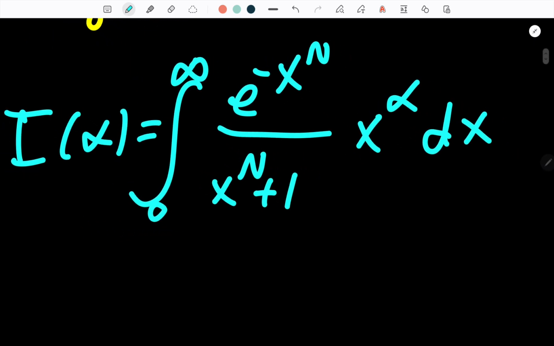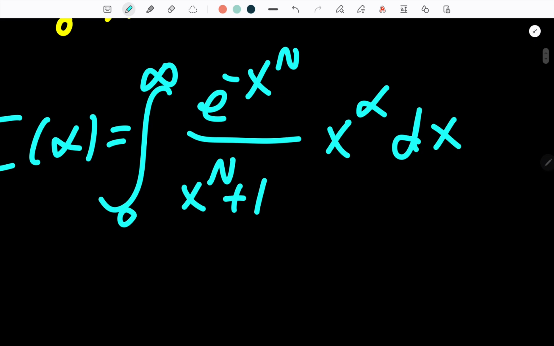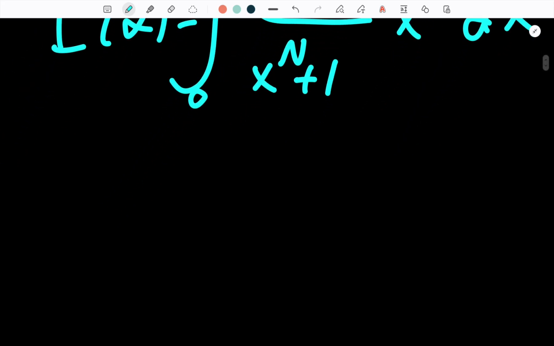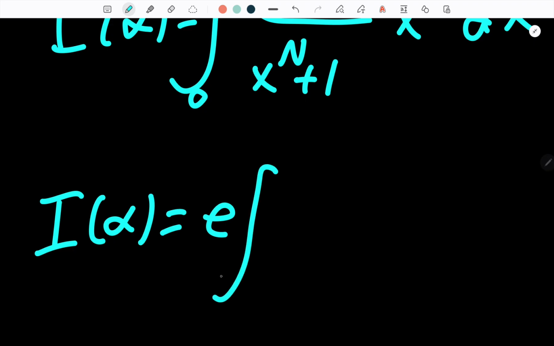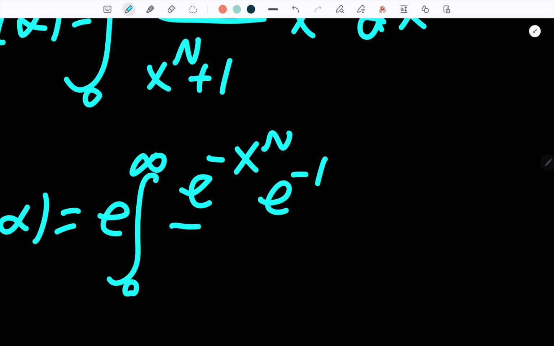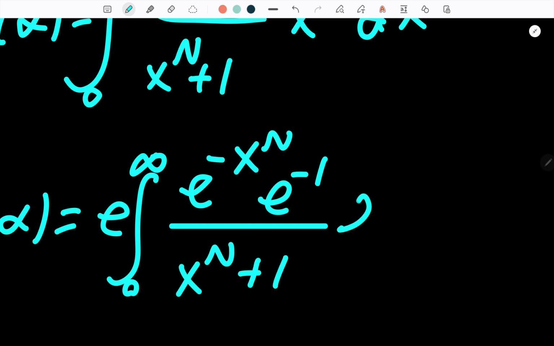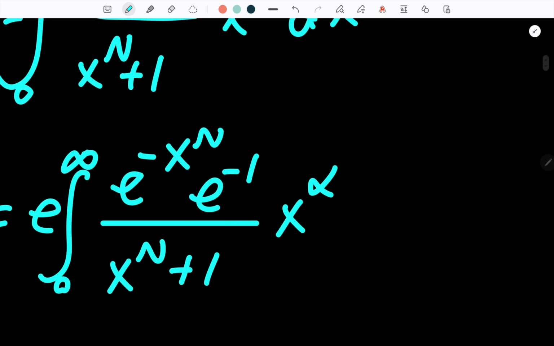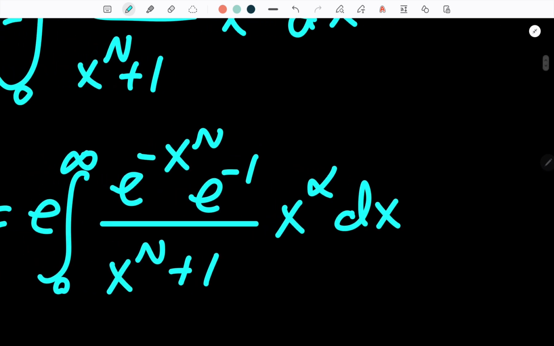But instead of having both of them in the numerator and then they just cancel, I'm going to take out the e to the positive 1 outside of the integral. So that means I of alpha is going to be e times, I'll show why this is needed in a second, e times the integral from 0 to infinity of e to the negative x to the n times e to the negative 1 divided by x to the n plus 1, and then x to the alpha dx.